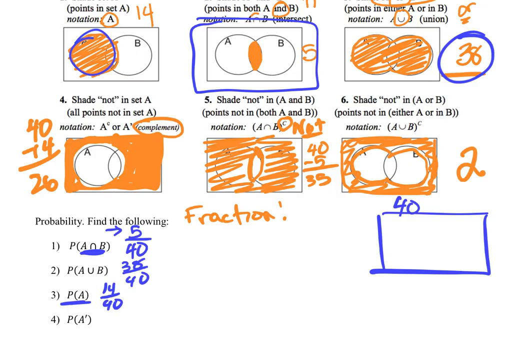And the probability of A not happening was 26 out of 40. I think on your paper that not might be missing, but it's supposed to be there. So this is your basic Venn diagram. You have to be able to create the Venn diagram and do probabilities based on it. All right, have a great day.